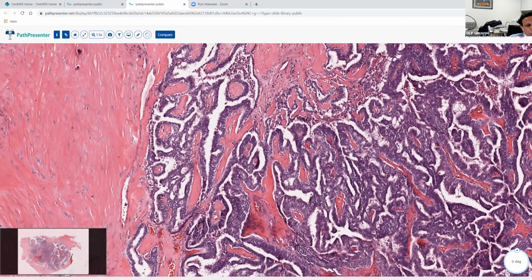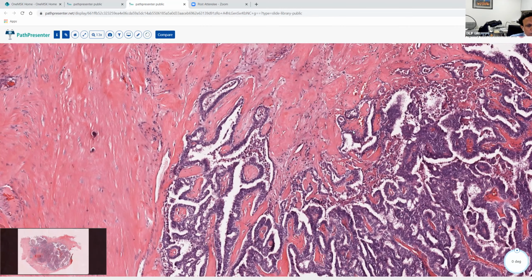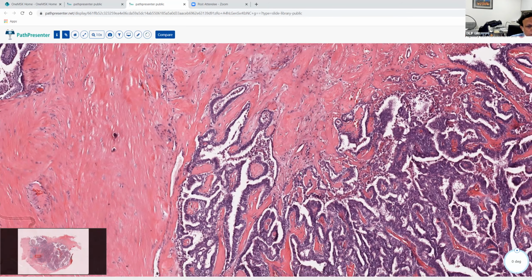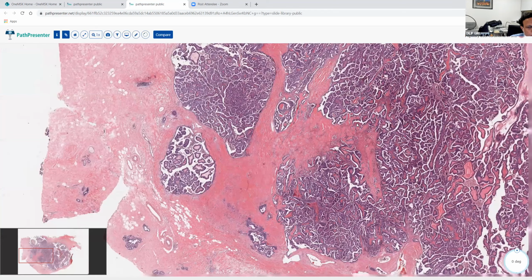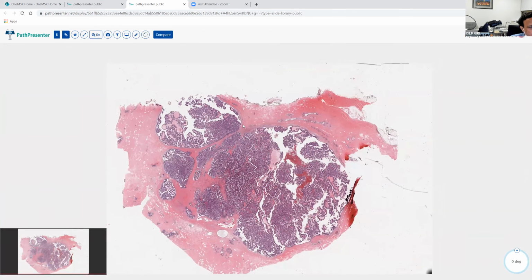And the invasion in papillary carcinoma can come in various forms. One form would be that you have a nice DCIS-like lesion, and then a little bit away, there would be conventional invasive carcinoma. Those cases are not difficult to interpret, right?